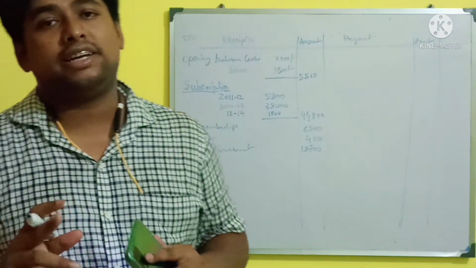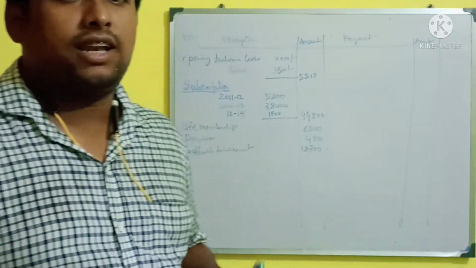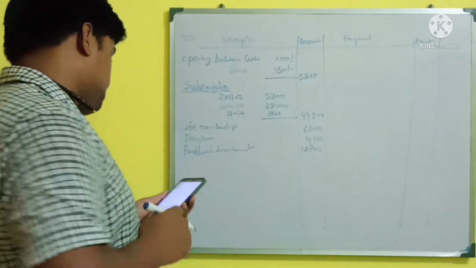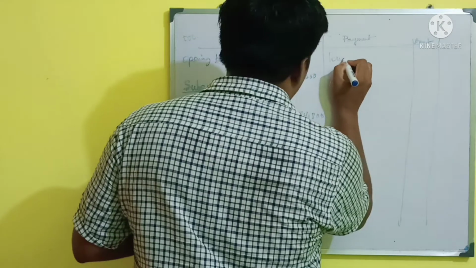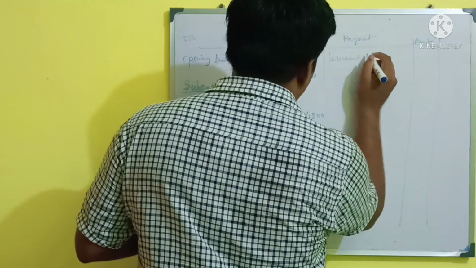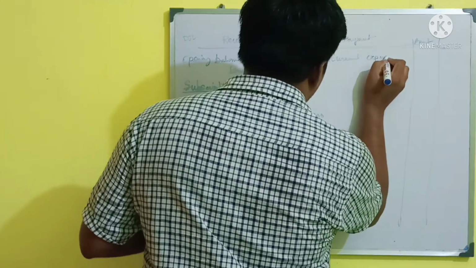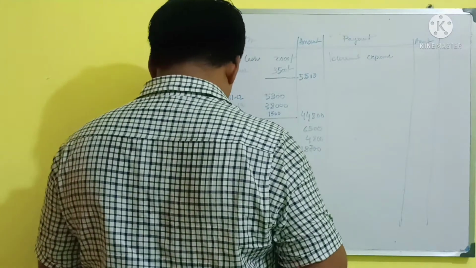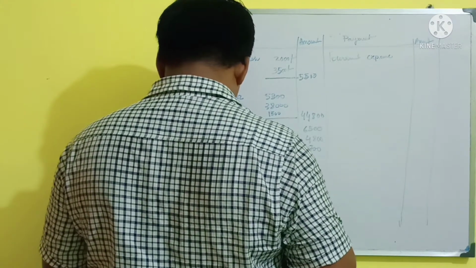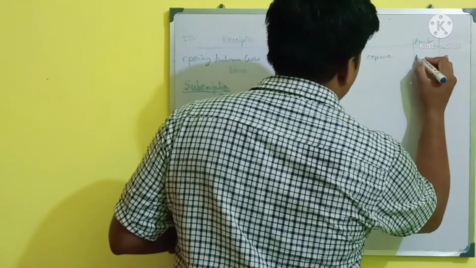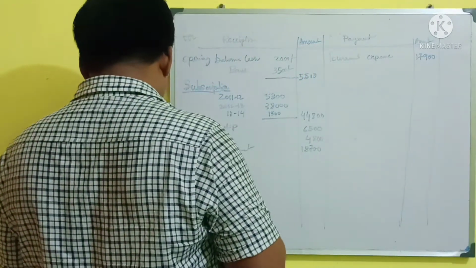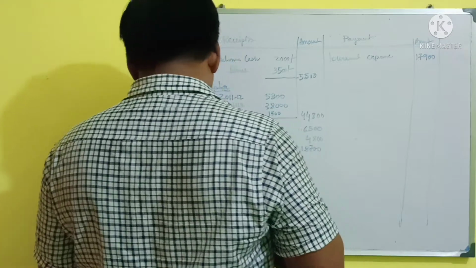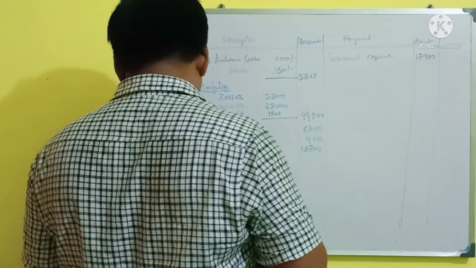Here we also maintain the expenses like the previous receipt part. The tournament expenses are 17,900. Wages rupees 650.